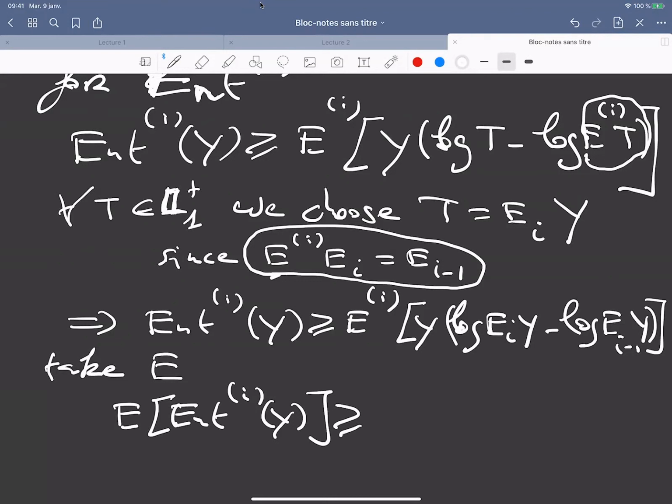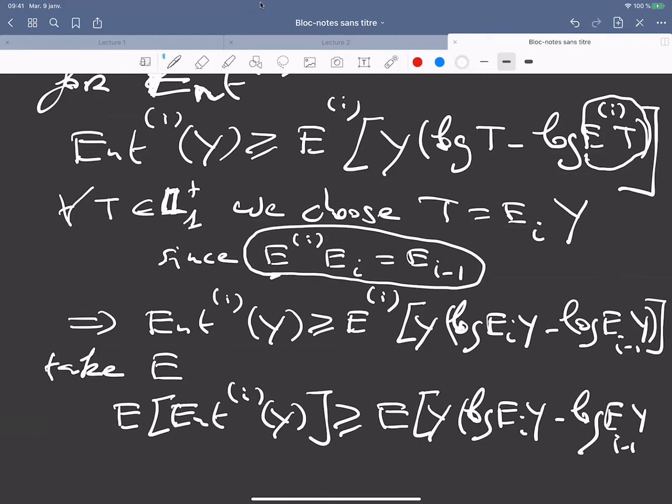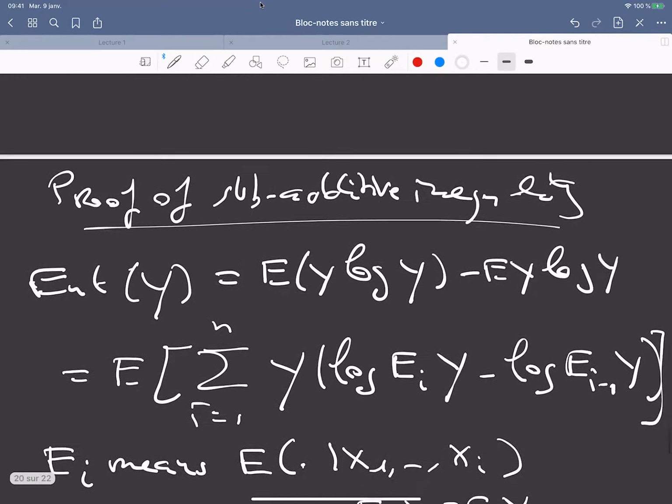Expectation of conditional expectation, this gives you expectation of y times log minus log of the same guy as before. And now the proof is over because you just have to combine with star, where star is the original decomposition that we have done here.